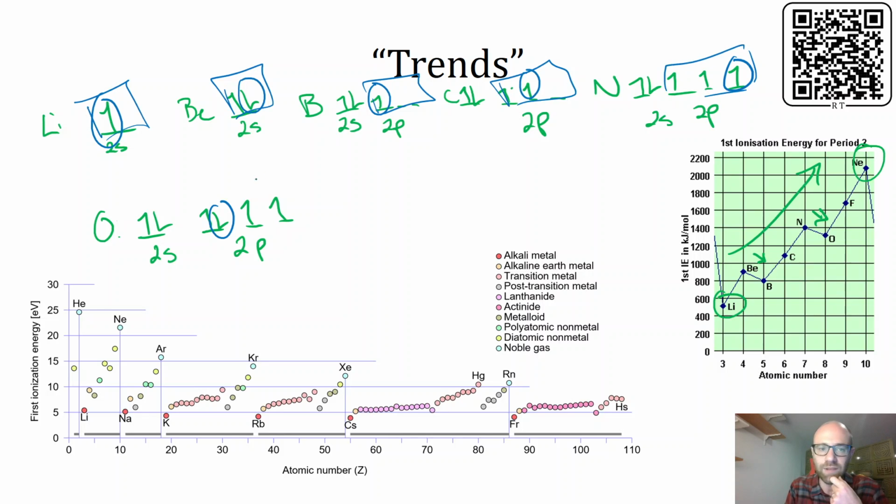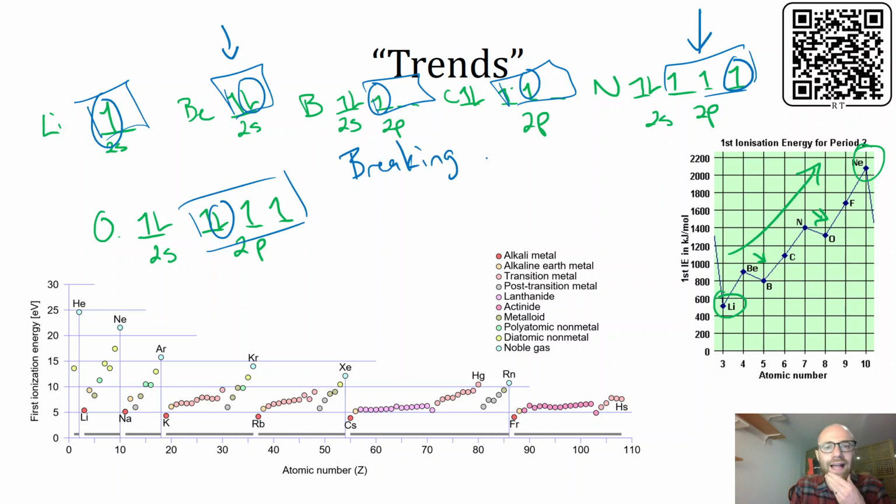Now, based on what we've talked about in class already, you might see a reason why nitrogen and beryllium would be slightly higher in ionization energy. These two, specifically, the removal of the electron involves breaking the half-filled or completely filled subshell.